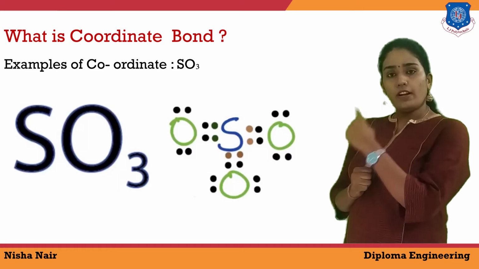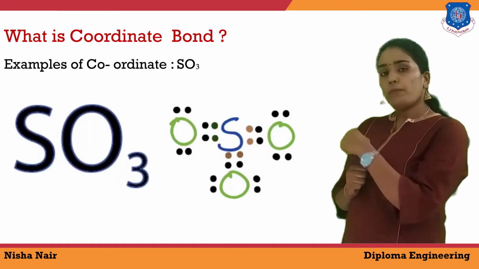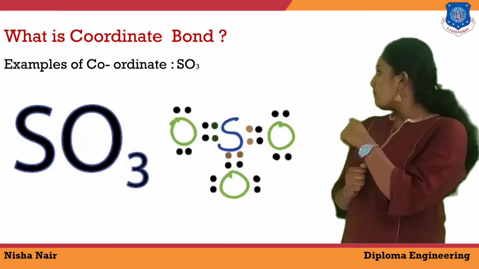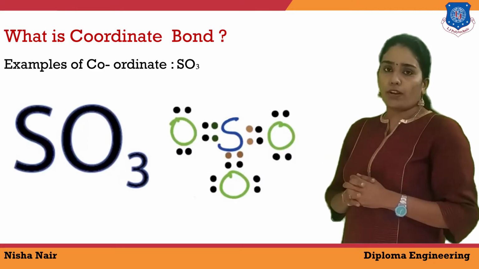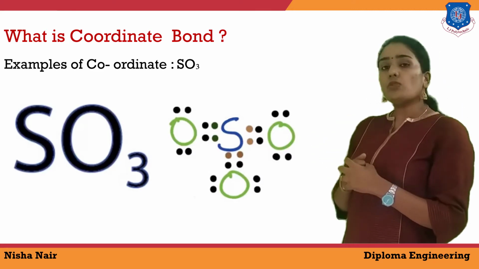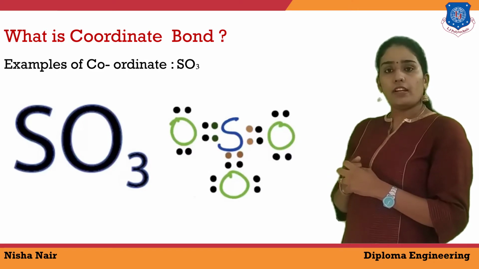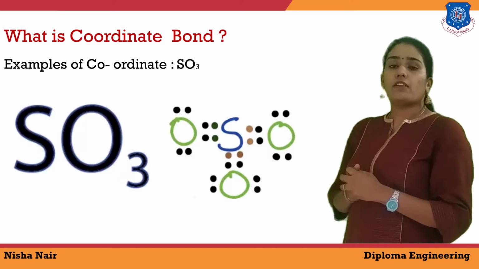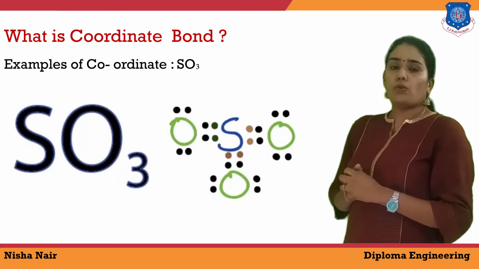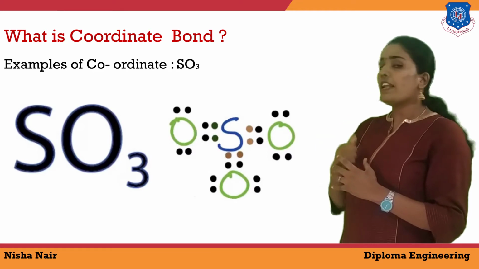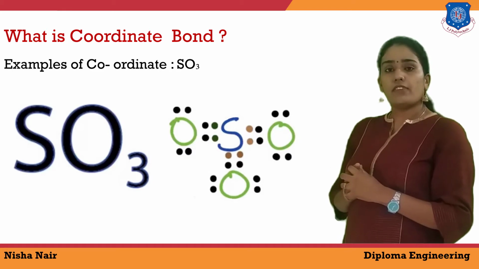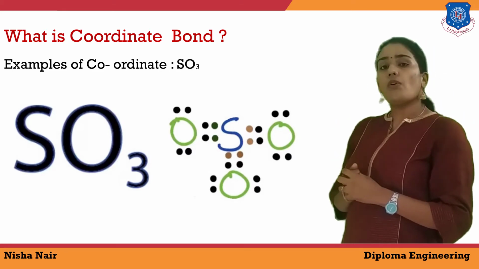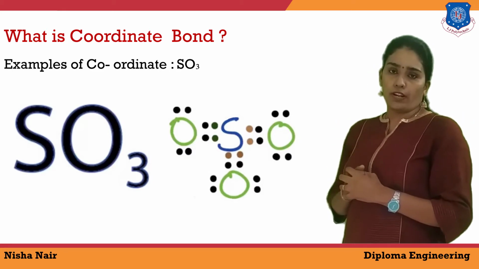Covalent bond means one oxygen will contribute 1 electron and sulfur will also contribute 1 electron, and they will have mutual sharing and form a covalent bond. But the other 2 oxygen atoms don't contribute any electrons, but they form a bond with the sulfur atom, and that bond is known as a coordinate bond because here the electrons are contributed by sulfur. So in sulfur trioxide we can see there are 2 coordinate bonds and 1 covalent bond.